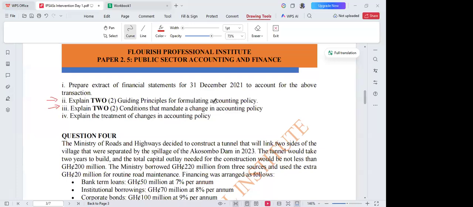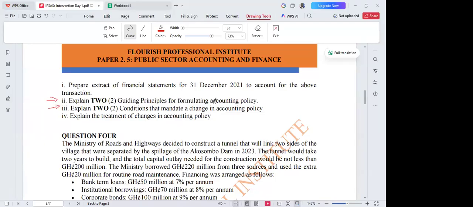So whereby another IPSAS comes to replace an old IPSAS. Like for instance, I told you we have an IPSAS for revenue, which is IPSAS 47. It's replacing the IPSAS that we had for revenue in the past, that was exchange transaction and non-exchange transaction. IPSAS 9, IPSAS 23. So IPSAS 9 and 23 don't exist anymore. You should know that. IPSAS 47 is in force.